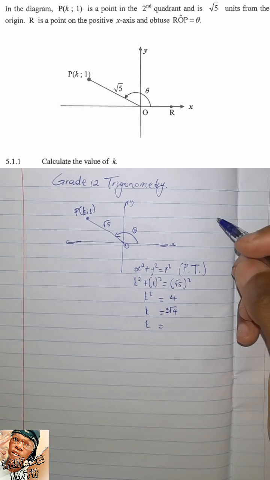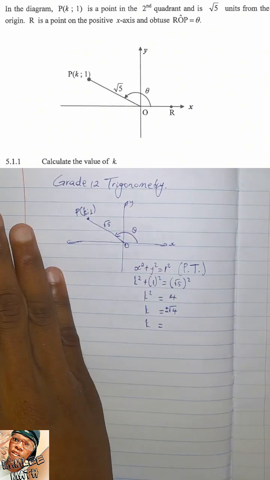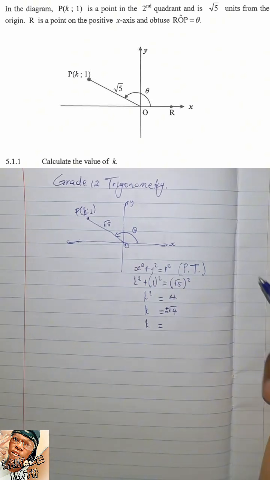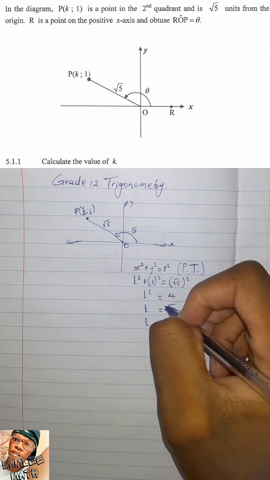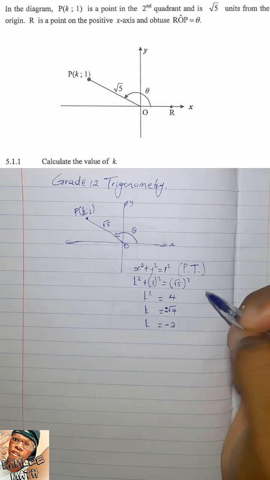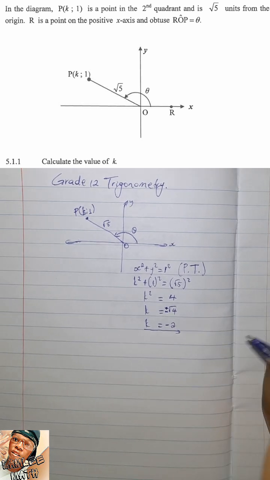But note that k is in the second quadrant, and in the second quadrant x is negative, so that means the value of k is negative. Root of 4 is 2, so the answer is negative 2. So k is equal to negative 2.